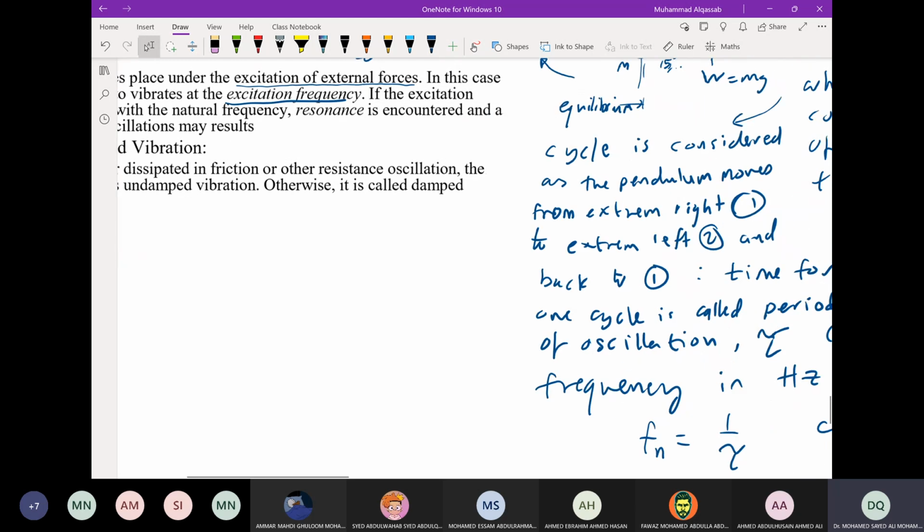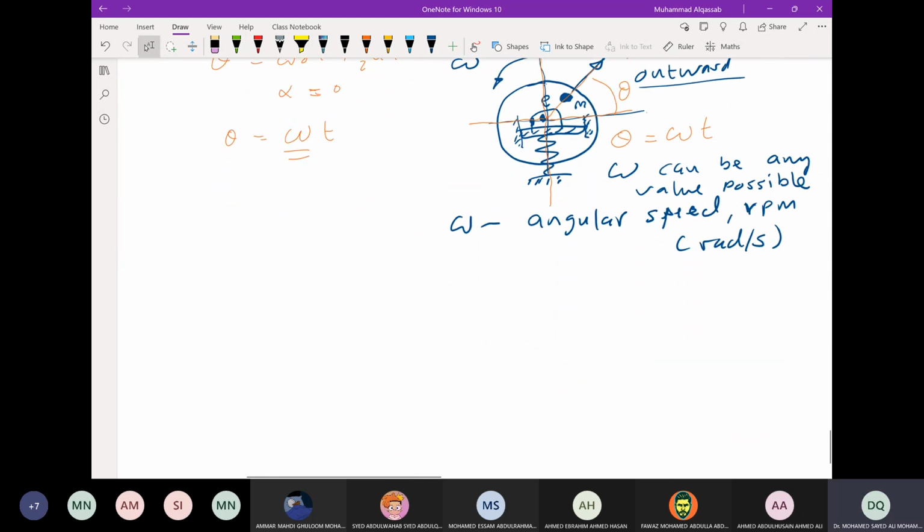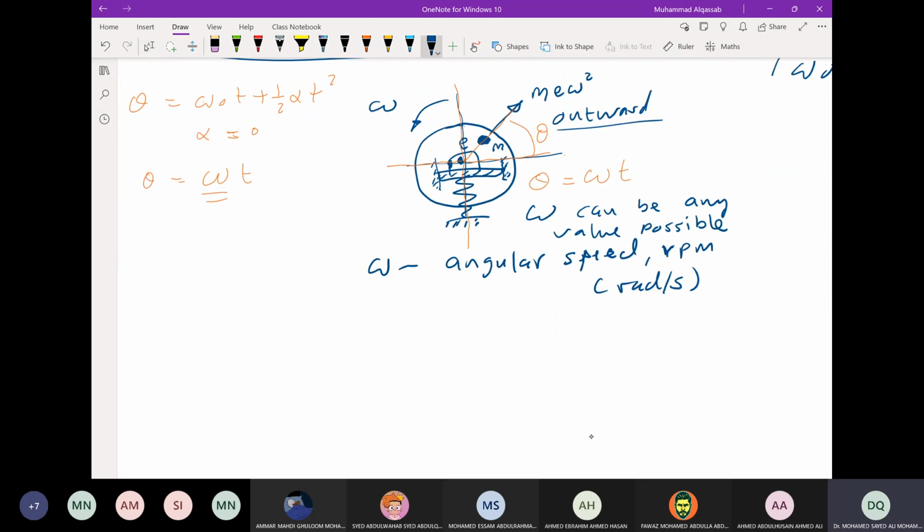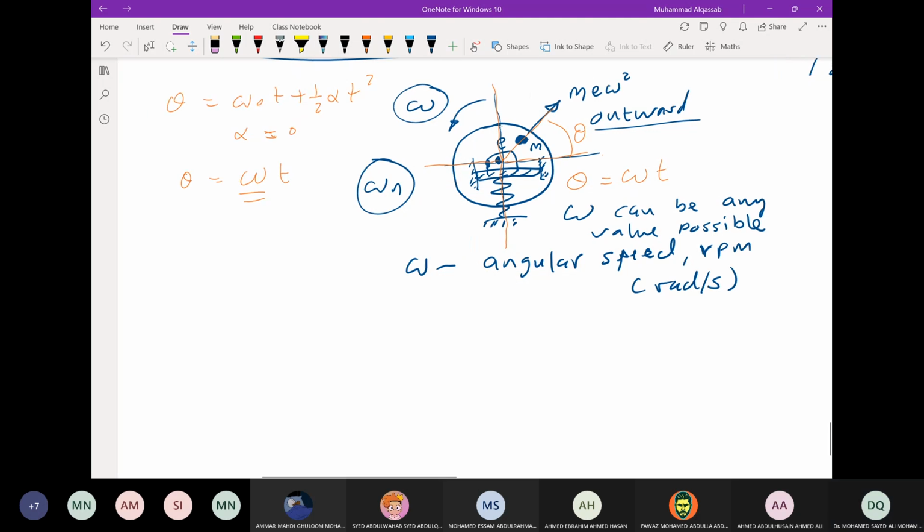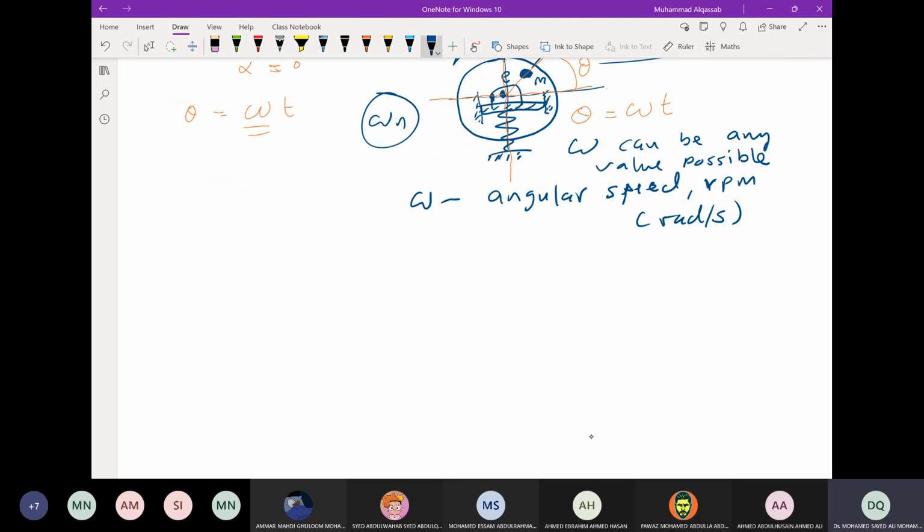There are three possible cases. Let me list it here. This has a natural frequency omega n, and the excitation frequency becomes equal to omega. Omega is the excitation frequency, and omega n is the natural frequency.